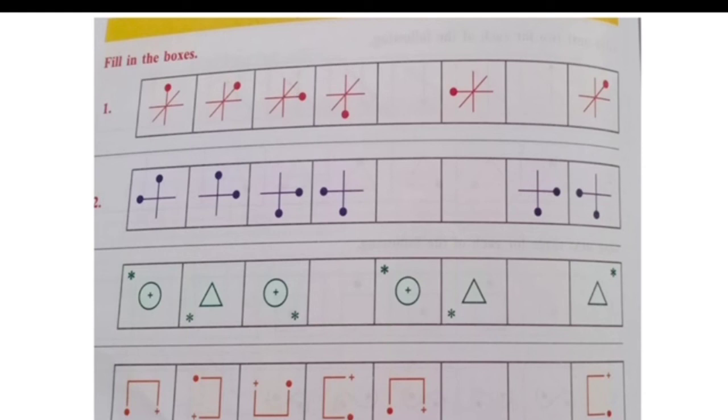Next, second one, 2 lines and dots at the one end. It should be exactly opposite in the second picture. Okay. Third picture, dots are shown in the cross side of first picture.